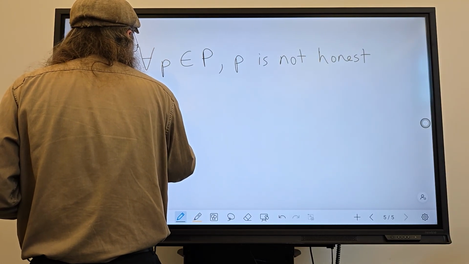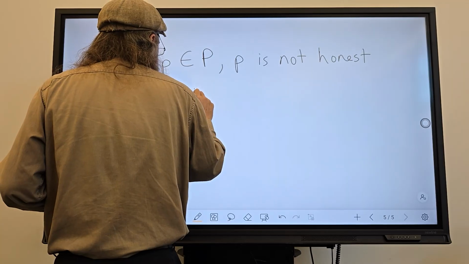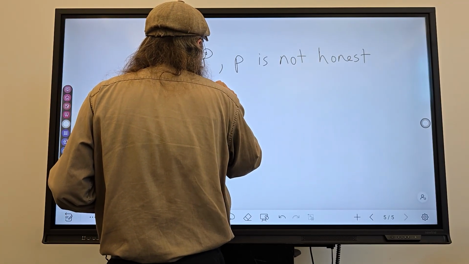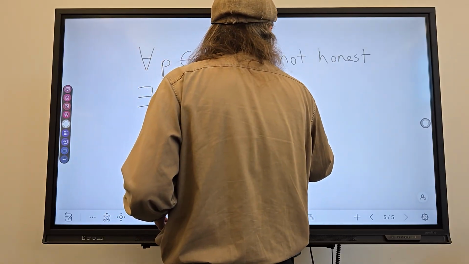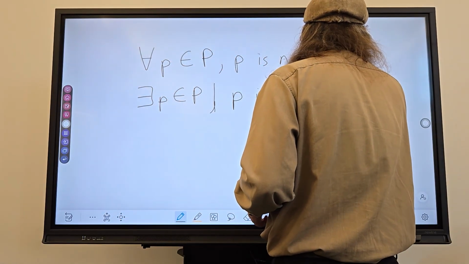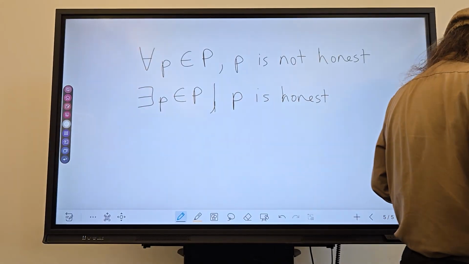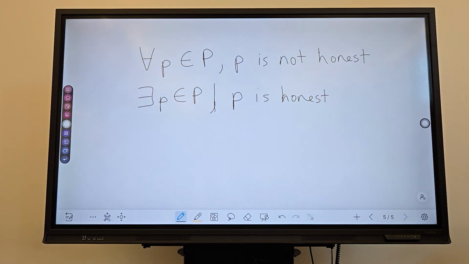There exists a politician P such that P is honest. Informal version of the negation: some politicians are honest. I'll leave that to you to figure out whether the original or the negation is true.